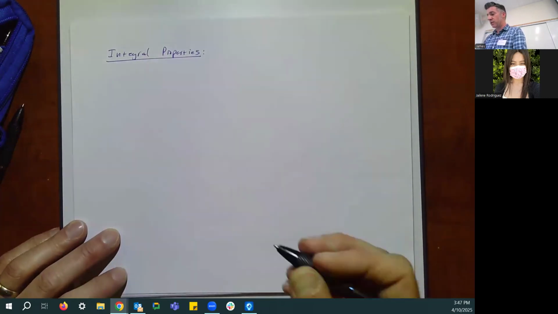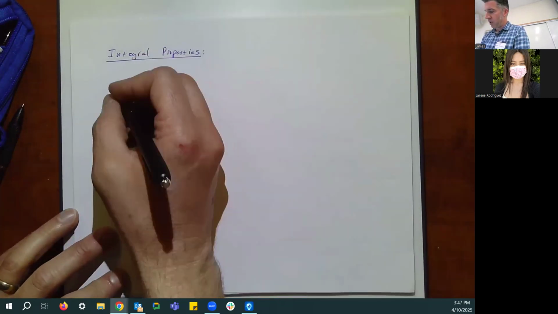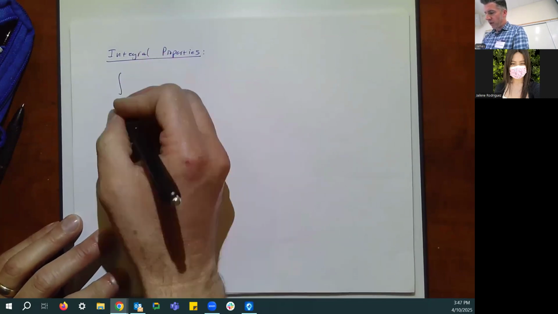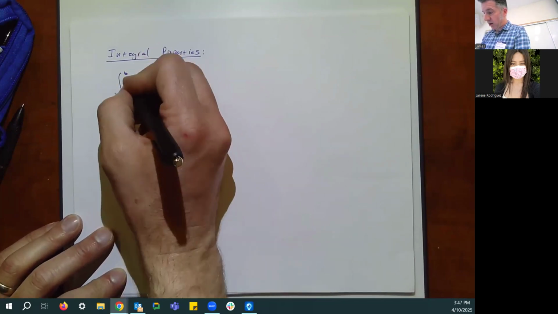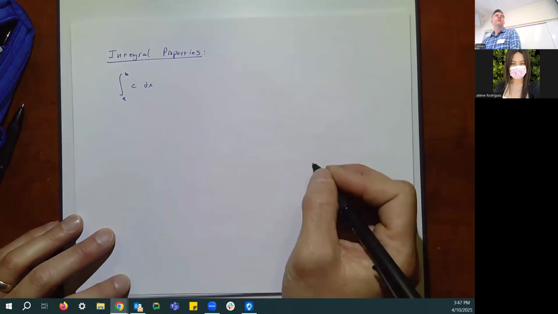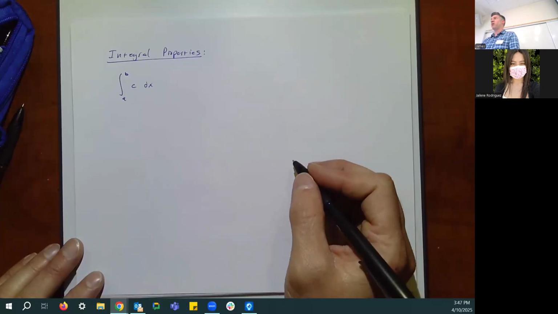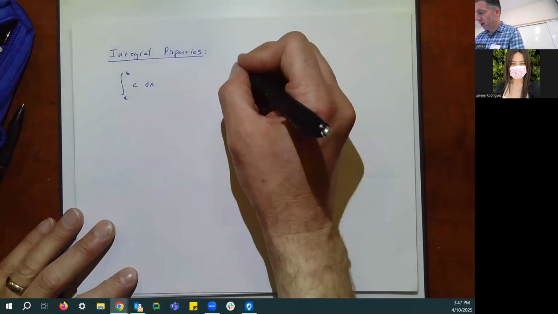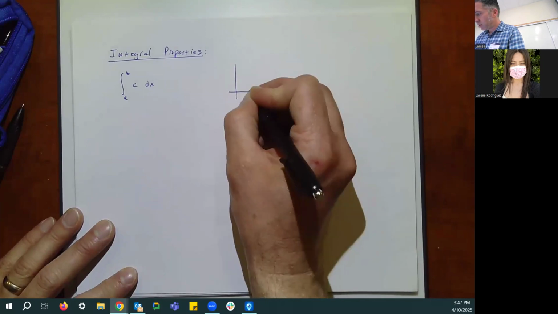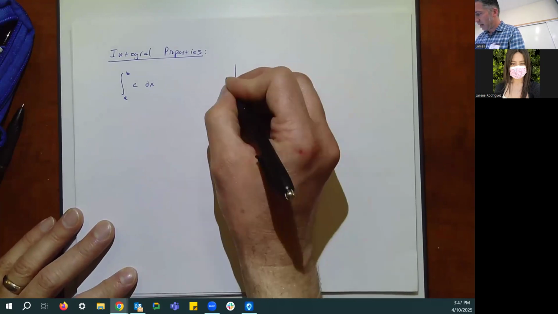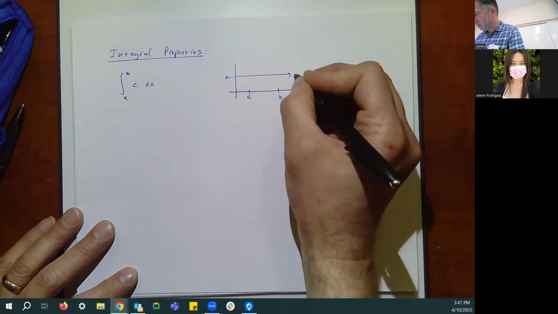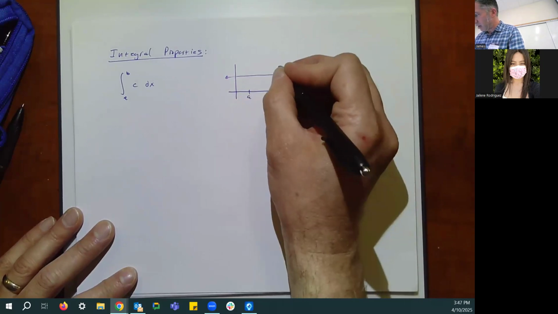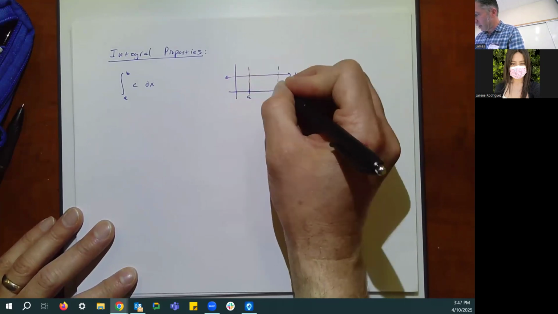So some integral properties. One that I think is really worthwhile is that the integral from a to b of any constant is just the area of a rectangle, right? What you've really got here is some rectangle with a height of c and a base of b minus a.